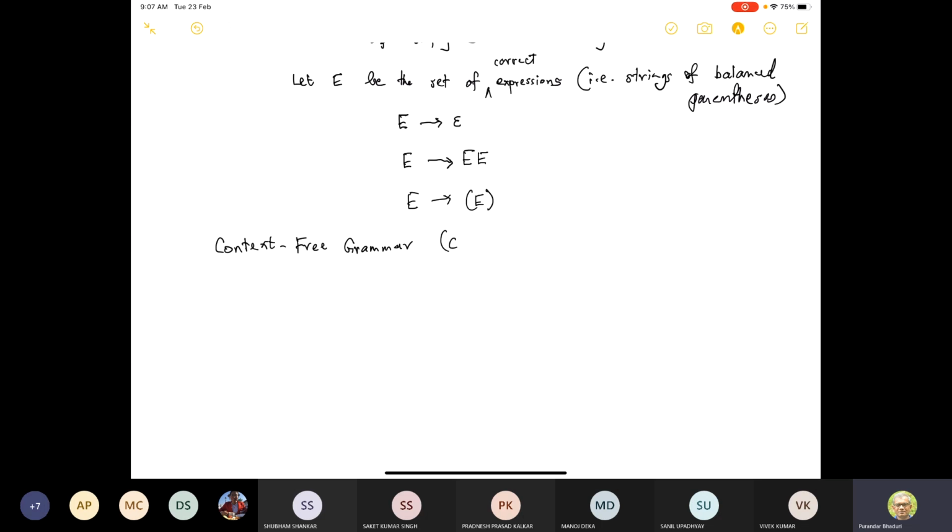So we are coming to the definition now. From now on, we'll use the abbreviation CFG. So what is this context-free grammar?